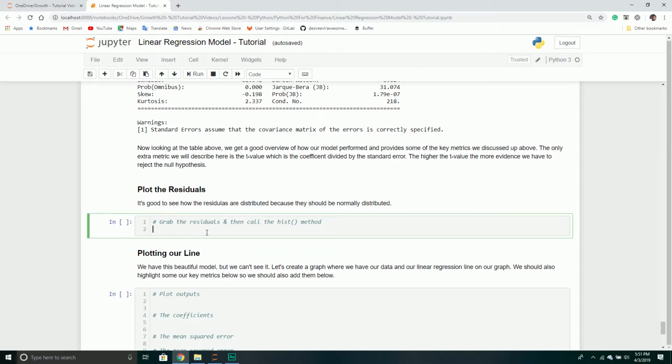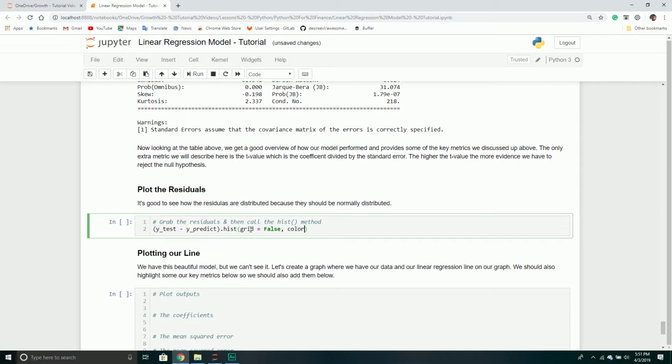Okay, so the next thing that we want to do is plot the residuals. This is really just to help me see whether our residuals look normal, in the sense of having a normal distribution. So I'll call y_test minus y_predict, and then call the histogram function. Again, I don't want any grids.